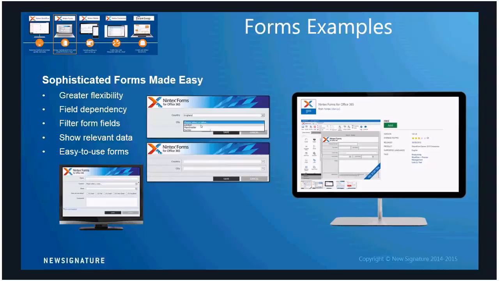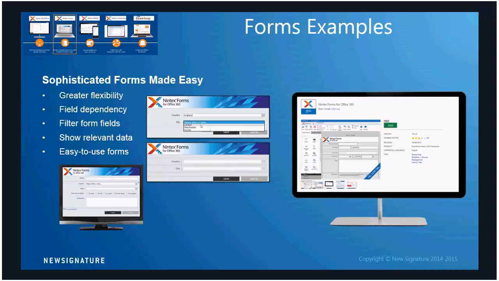So as far as forms go, I had mentioned this a little bit earlier, but forms are incredibly easy to use. You have the ability to create a form against any list, or in some cases not even against a list. You can have other cases where you could build these forms, but the idea is effectively they offer greater flexibility than the out-of-the-box SharePoint forms do.